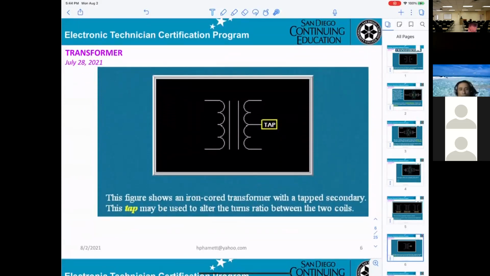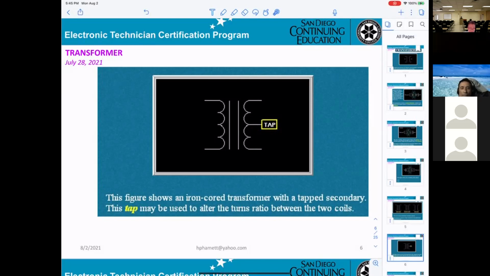This figure shows an iron core transformer with a tapped secondary. You mean the tap right here. This tap may be used to alter the turn ratio between the two coils.